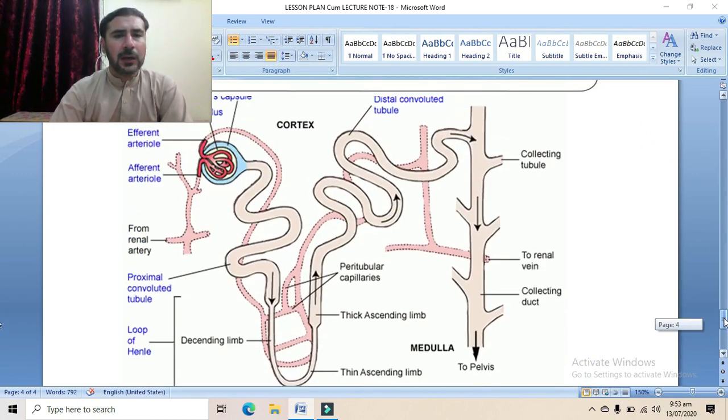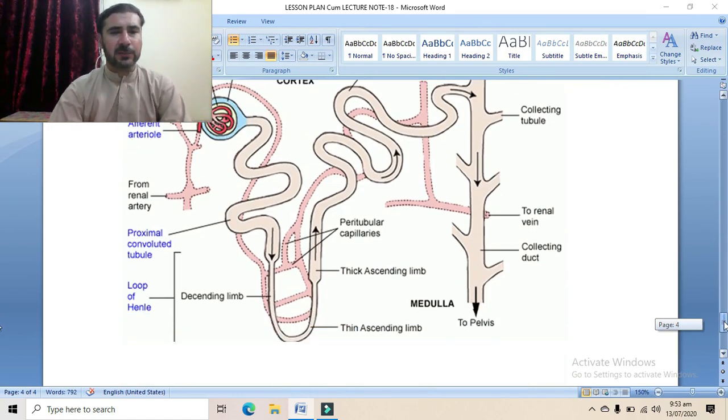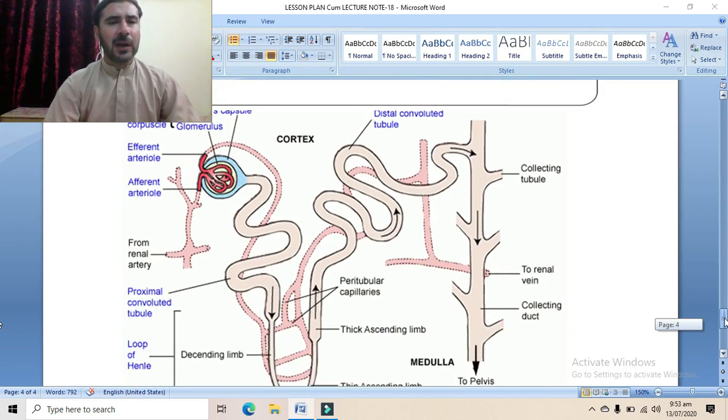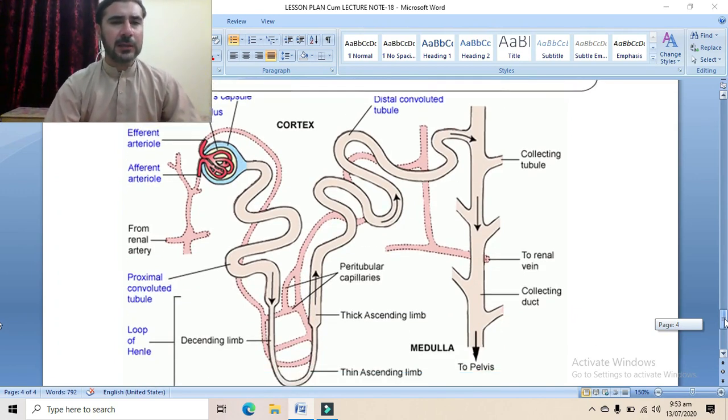In the countercurrent multiplier mechanism, what happens basically, this mechanism is applied whenever the water supply to the body is low, the body contains less water. So in that case, what will happen? The countercurrent multiplier system will play its role.